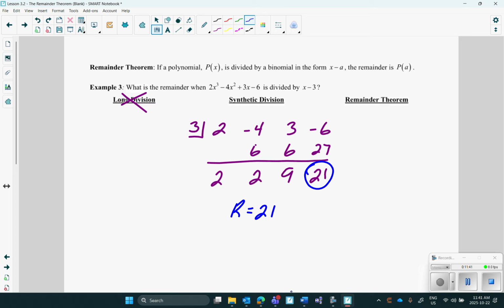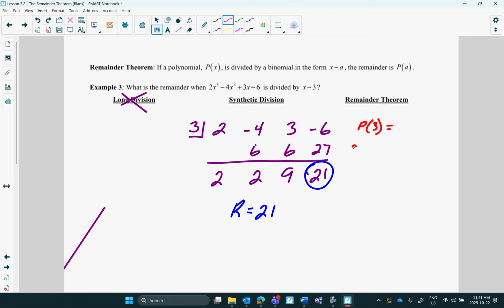There is a quicker way we can find the remainder without doing synthetic division. Take this value of a, and plug it in for x. So I'm going to find P of 3. I'm going to plug 3 in every time I see an x.